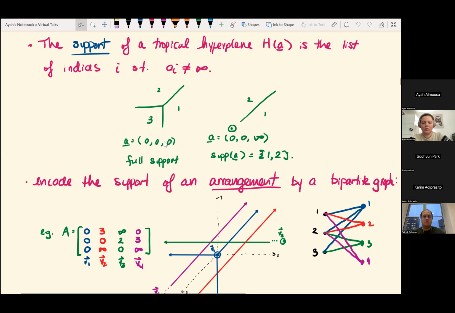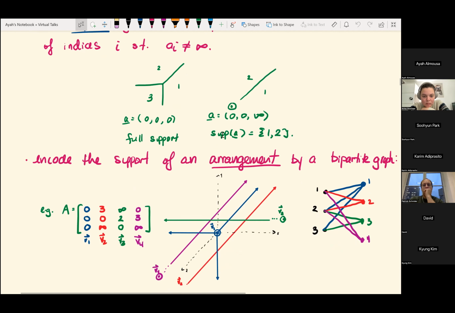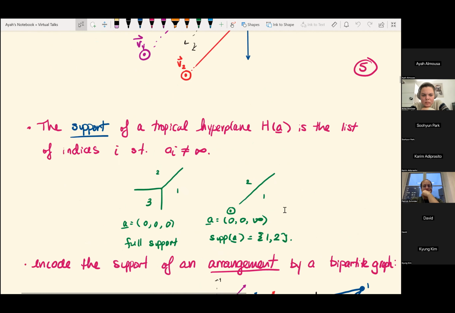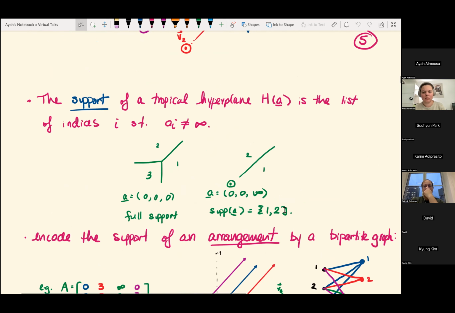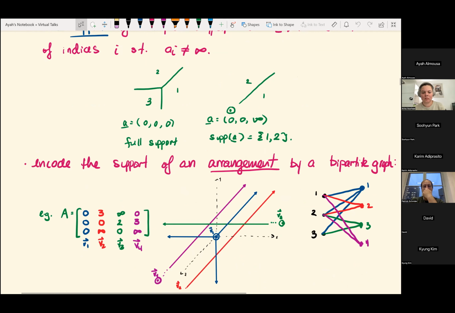I haven't defined what these sectors are yet, but that's how I'm going to label each of these sectors. And the support is the sectors that are left after I pull things in a direction towards infinity. We can encode the support of the whole arrangement by a bipartite graph in this way, right? On the left-hand side, I have the sectors, and on the right-hand side, I have one vertex for each of the hyperplanes.